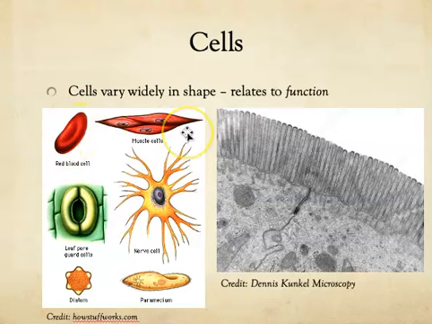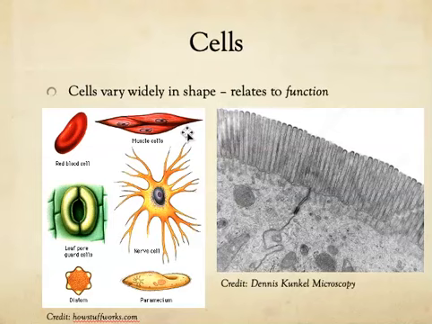If you look at a muscle cell, and we call muscle cells muscle fibers, and you think about the function of a muscle fiber, you know that for skeletal muscle at least, that function is contraction. The job of the cell is to get shorter, contract, and then get longer, relax.